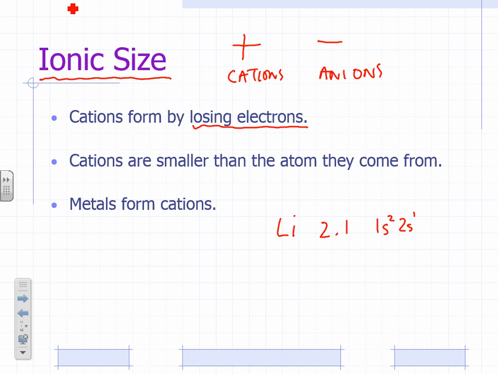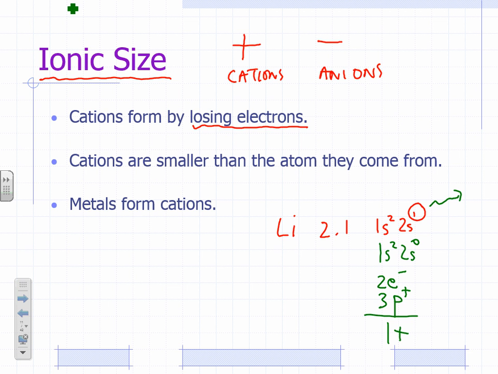Okay, lithium loses that outer shell electron, and in so doing ends up with a configuration of 1s2, 2s0. So now it has 2 electrons left, but it's the third element. It has 3 protons.